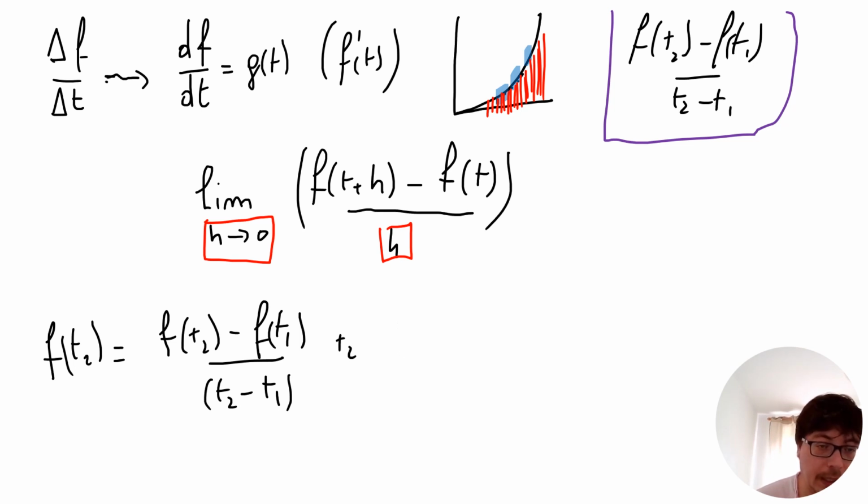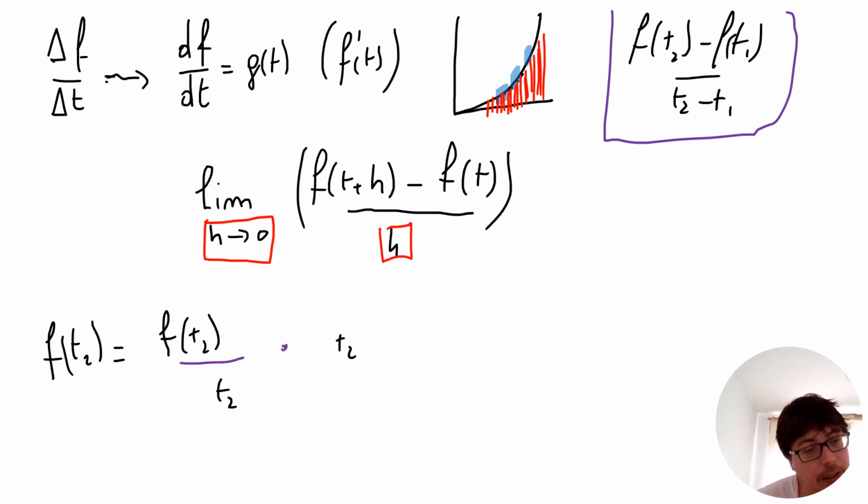So this can cancel out, this can cancel out, and this can cancel out. As you can see, we can write the function very easily now that I removed everything.